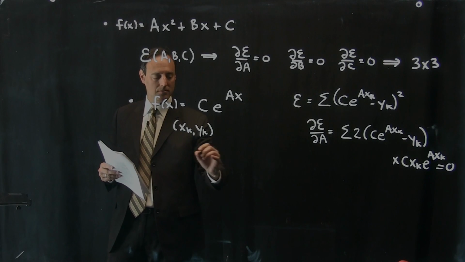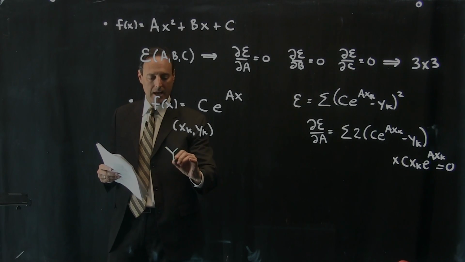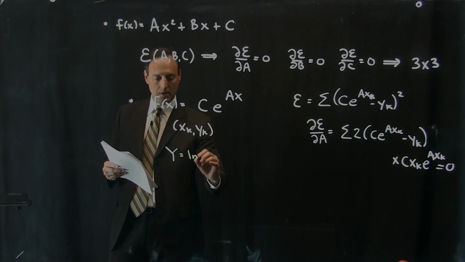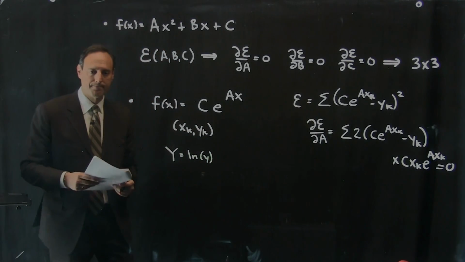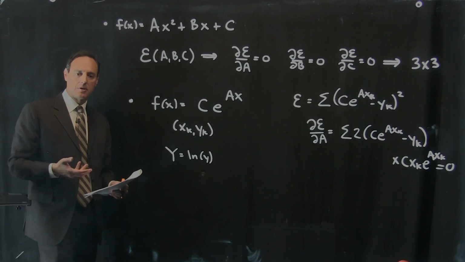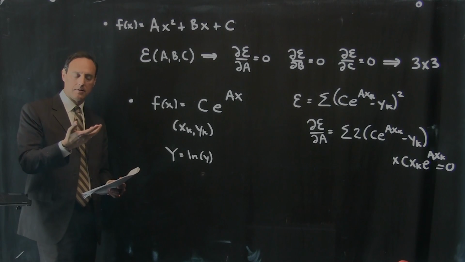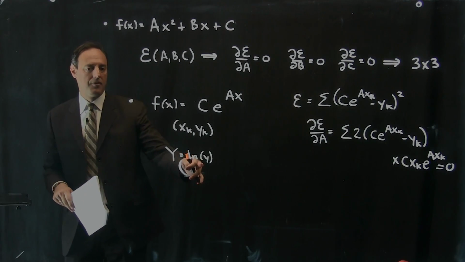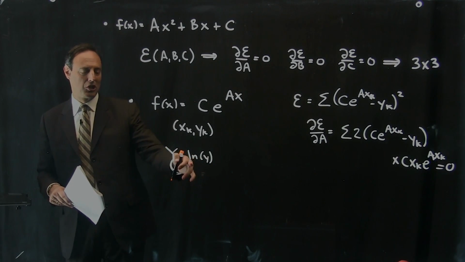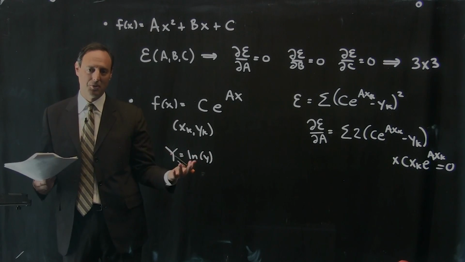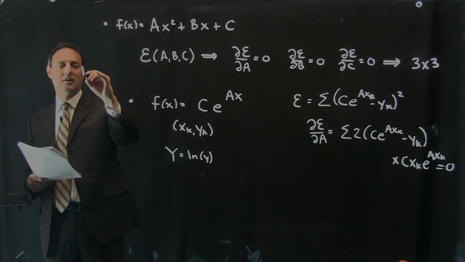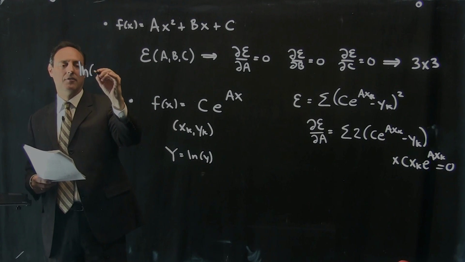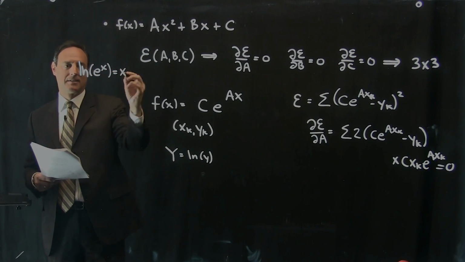You define a new variable, capital Y, which is the log of y. Now notice what this is going to do. It's going to take my data, and if it's really exponential data, the log and the exponent undo each other, right? So you know that the log of e to the x is just x.